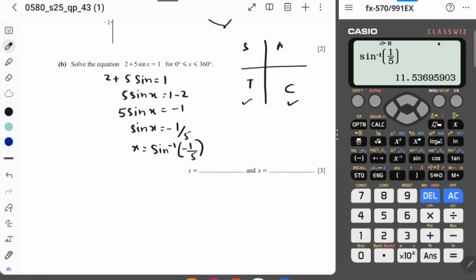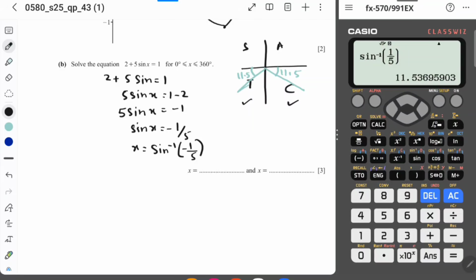It's coming 11.5. So remember, here the basic angle is 11.5 in the third and fourth quadrant.